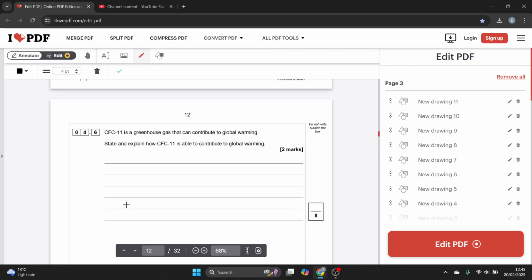Then explain how CFC-11 is able to contribute to global warming. Well, it absorbs infrared radiation.